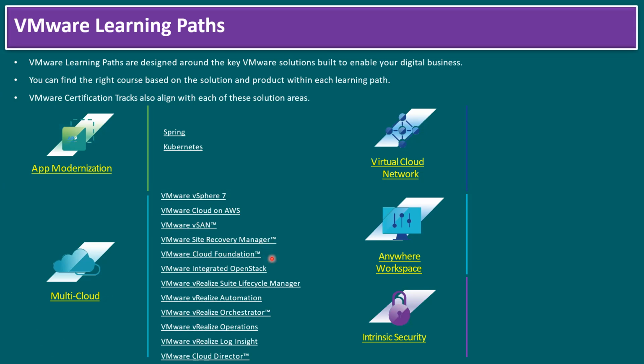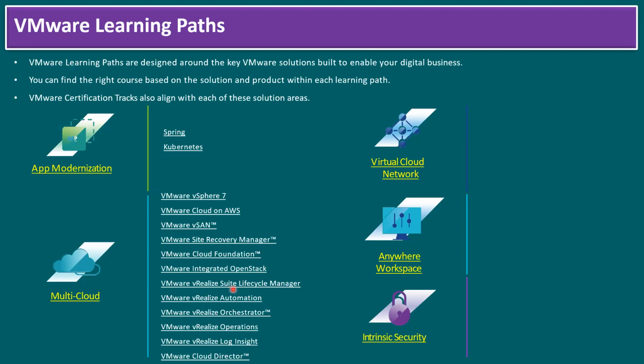Recently, during VMware Explore, VMware announced the latest version, VCF 5, VMware Cloud Foundation 5, and some additional SaaS-based models are also included, and VCF Plus, and VMware Integrated OpenStack.